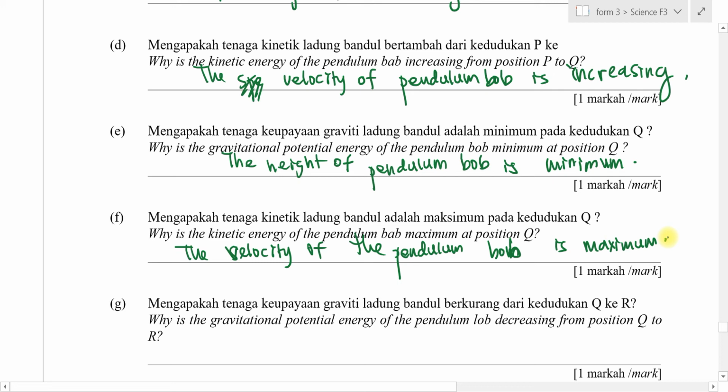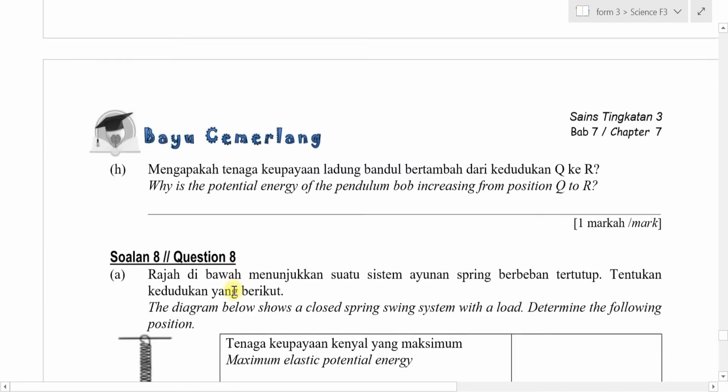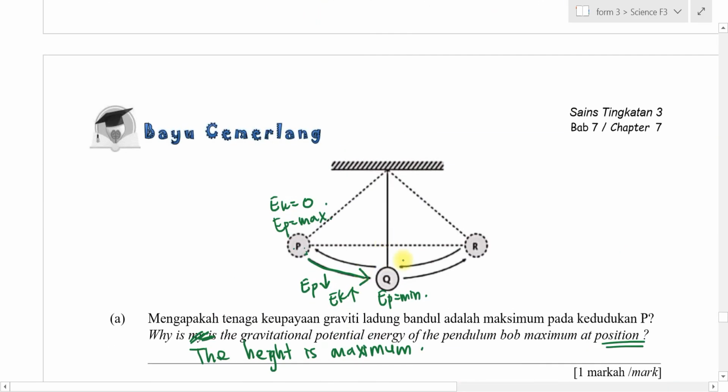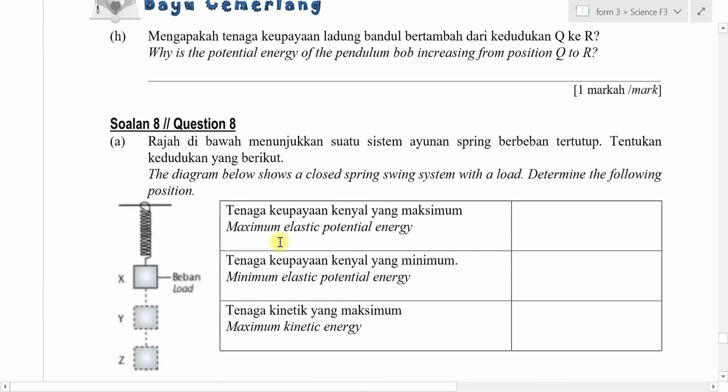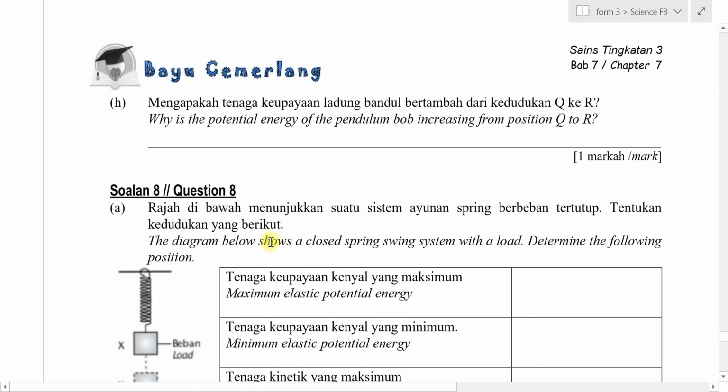Okay. Why is the gravitational potential energy of the pendulum bob decreasing from position Q to R? Why the EP is decreasing from Q to R? Q to R, this one, right? Why they put decreasing? I think I misread the question.